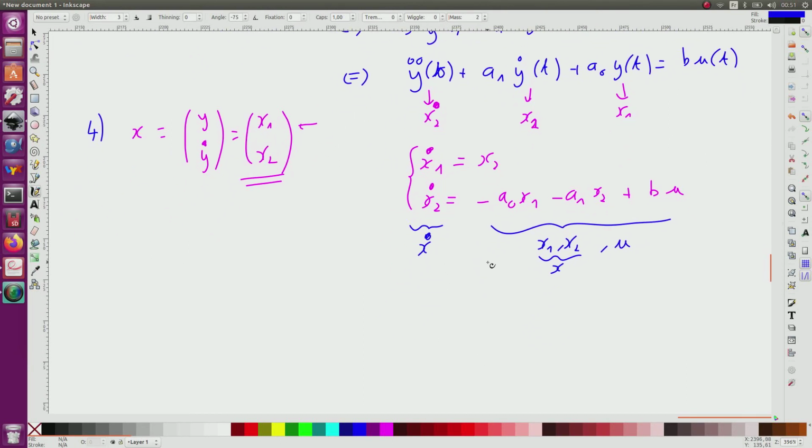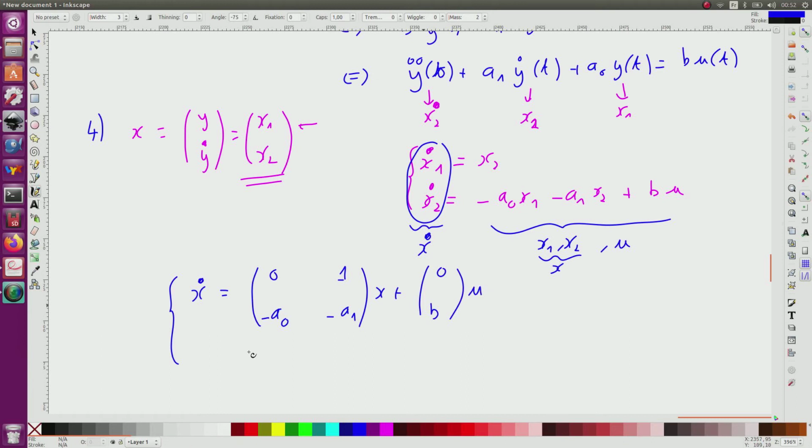As a consequence, x dot is equal to the matrix 0, 1, minus a0, minus a1 times x plus 0, b times u, and y equal 1, 0 times x.